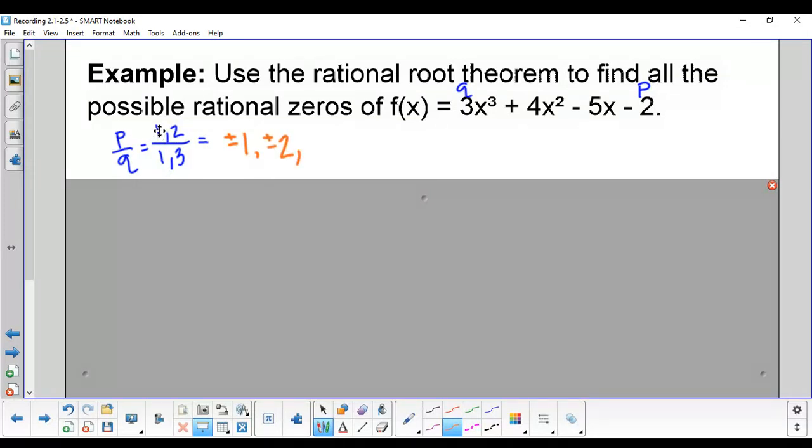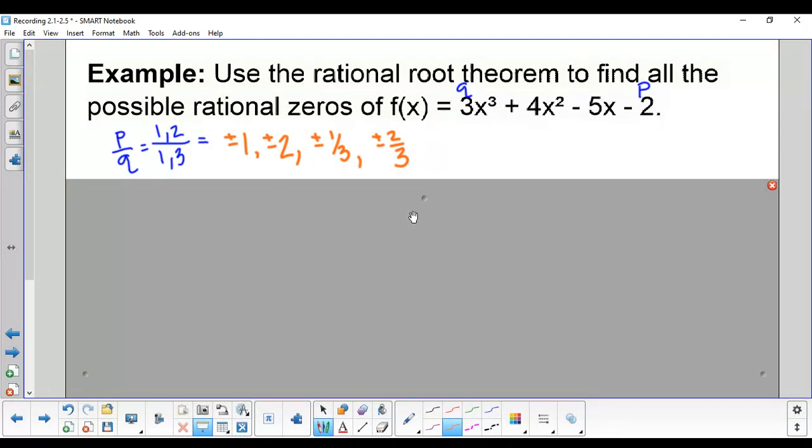Then I go back to the first number and divide it by the second number on the bottom, so 1 divided by 3, plus or minus 1/3. And then I have 2 over 3, which would be plus or minus 2/3. So in this case, I have 4 potential zeros that are available for us to work with.